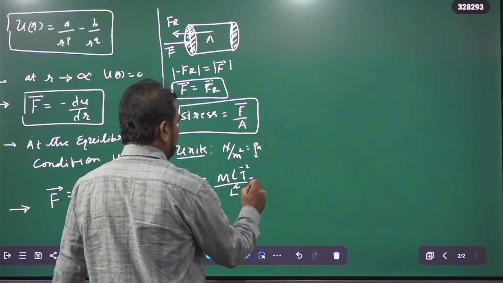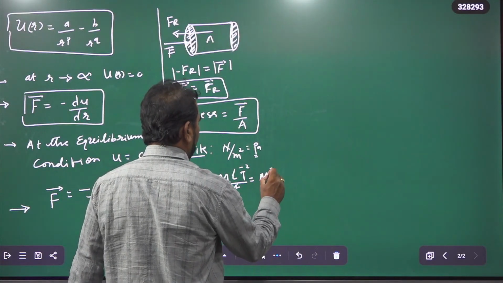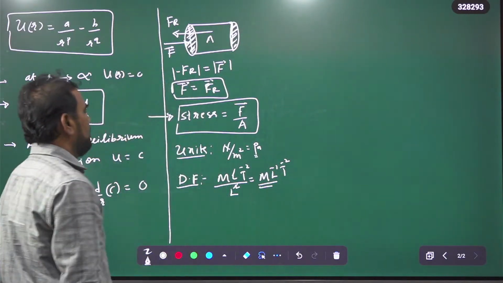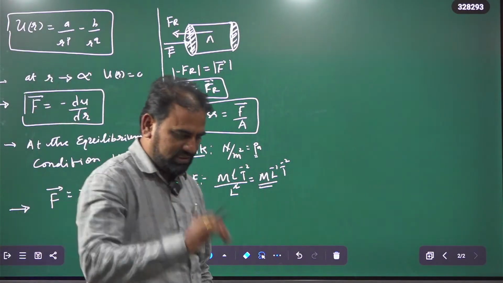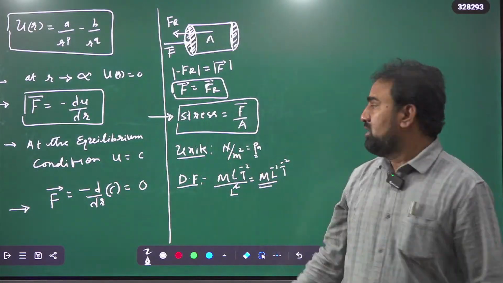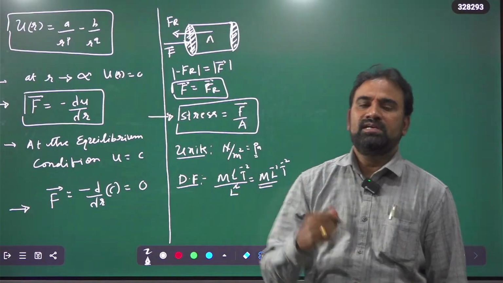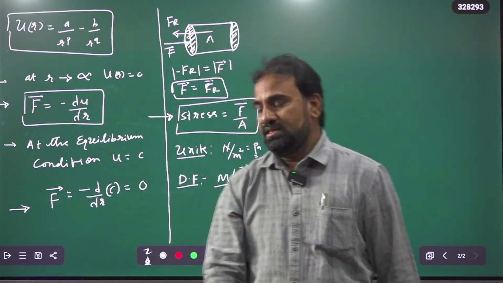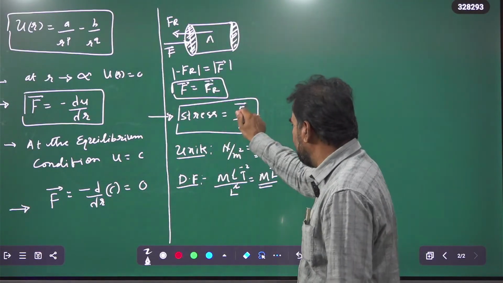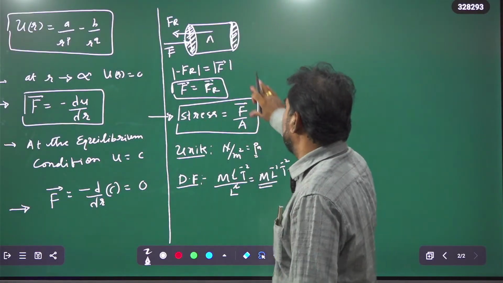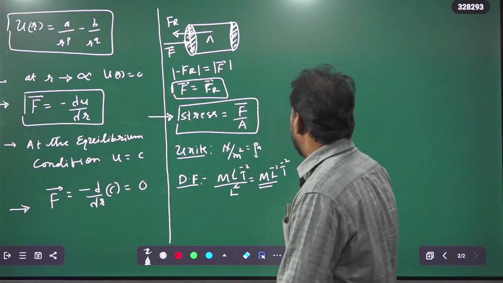L gets cancelled, so the dimensional formula of stress is M L to the power of minus 1 T to the power of minus 2. Stress is denoted by F upon A, where F is force and A is the area of cross section of the object.